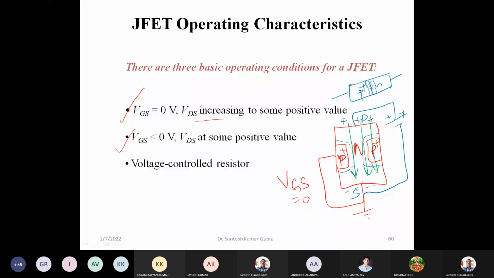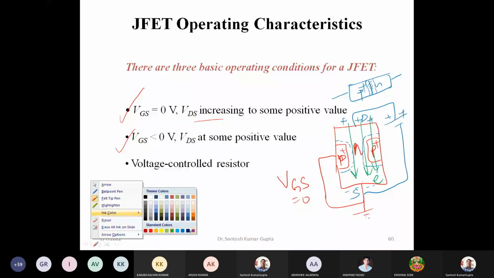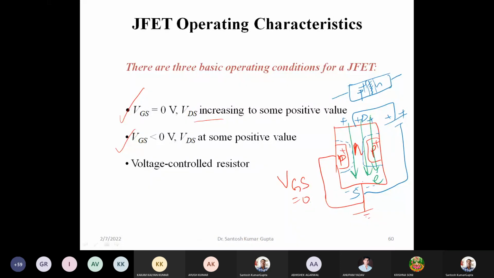So in the N channel, the electrons will accelerate under this electric field and will start moving from source side to the drain side, opposite direction to the electric field established.